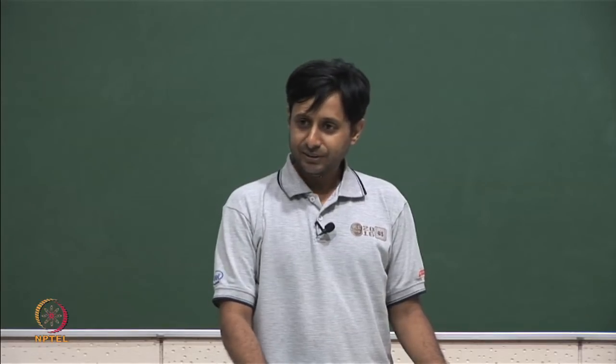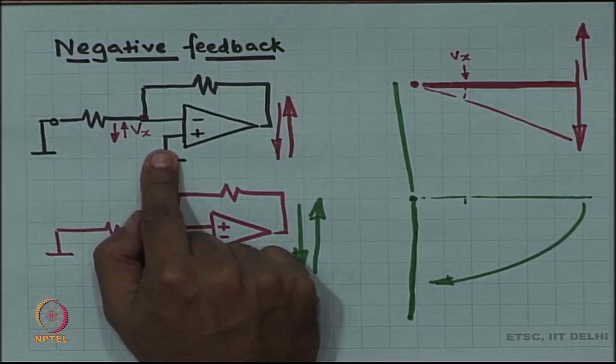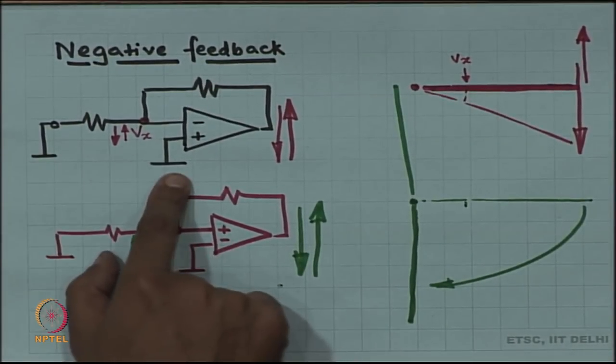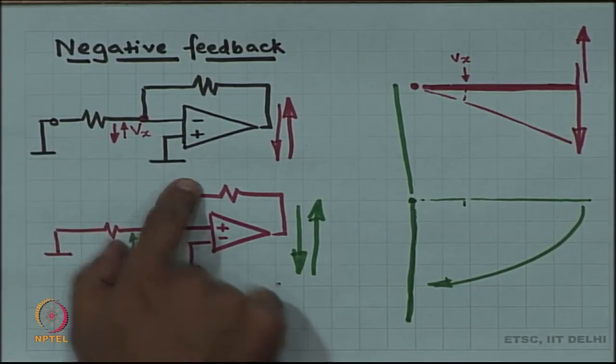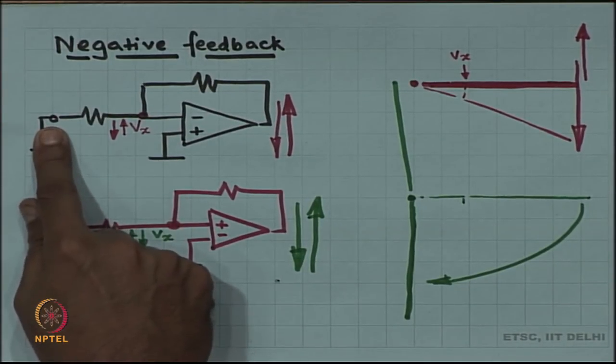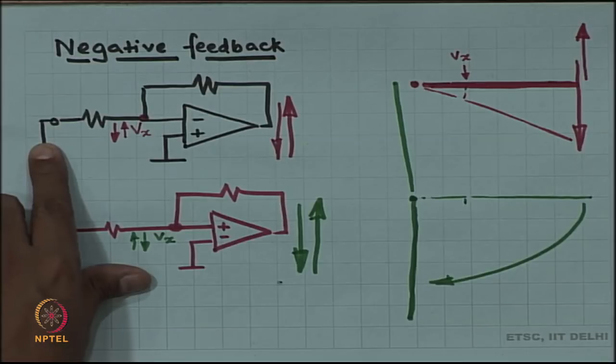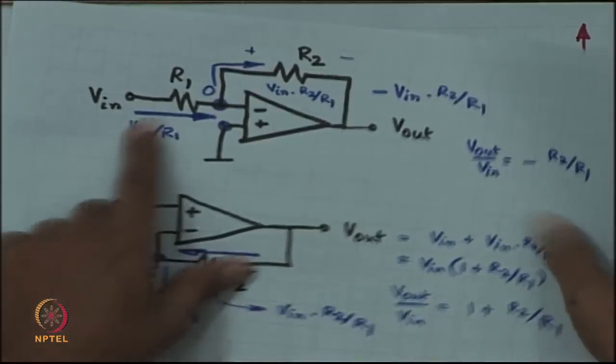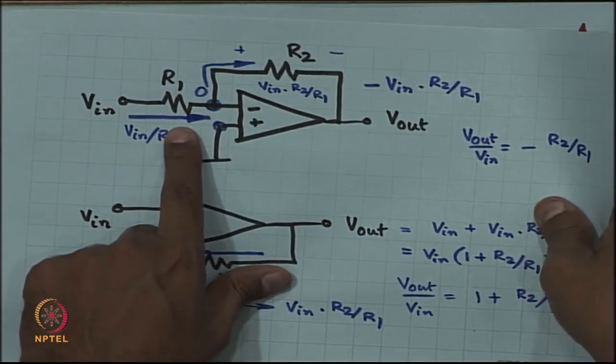This circuit over here is a negative feedback circuit, all right, and here both terminals are at ground. Now, where you apply the input is irrelevant. You can apply the input here, in which case it becomes this circuit.